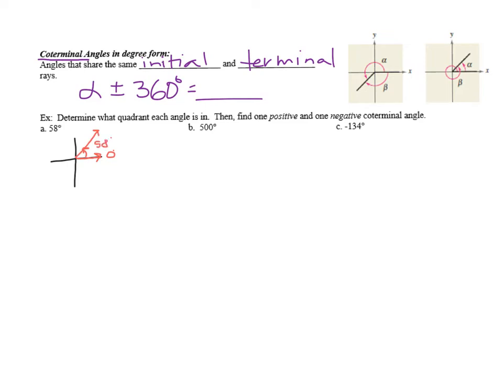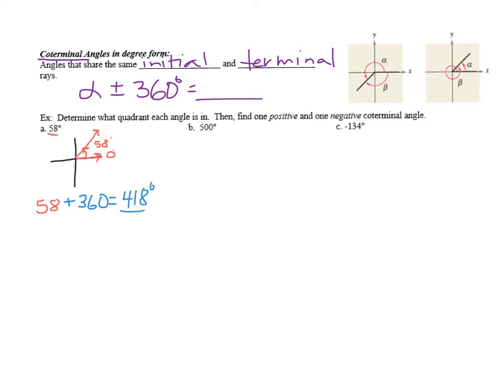I want one positive and one negative coterminal angle. What that means is I want it to share the same initial ray, and they all do, but I also want my two angles to share the terminal side. To do that, I'm going to take my alpha, my original angle, and if I add 360 to that, I get a pretty big angle, 418 degrees.